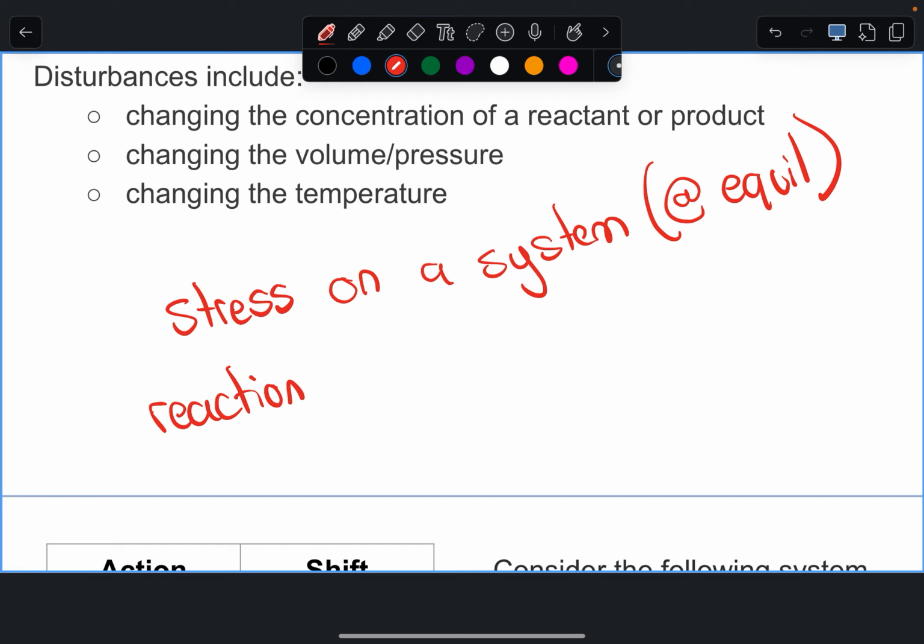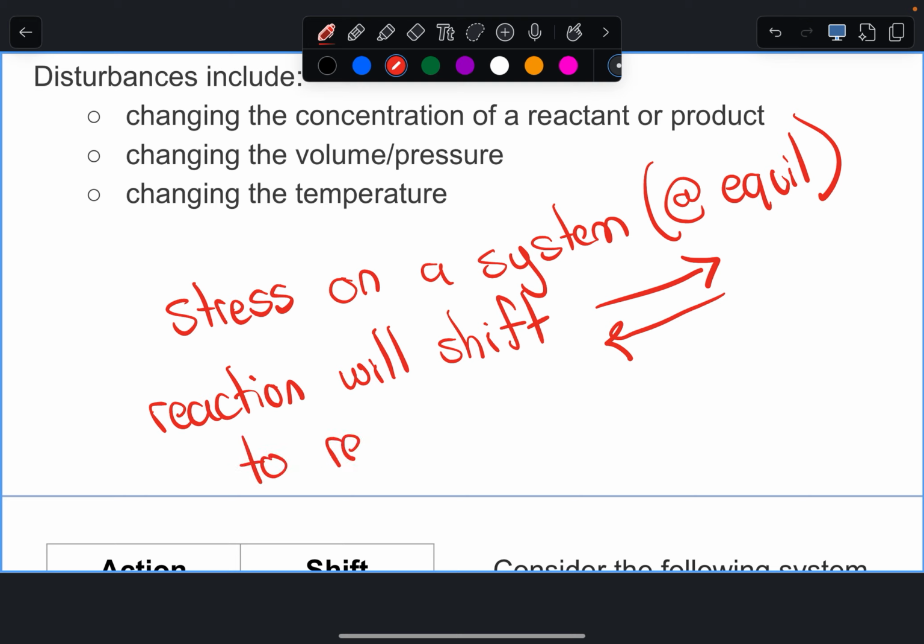By shift, I mean it will either react towards products or it will react towards the reactants to relieve that stress.